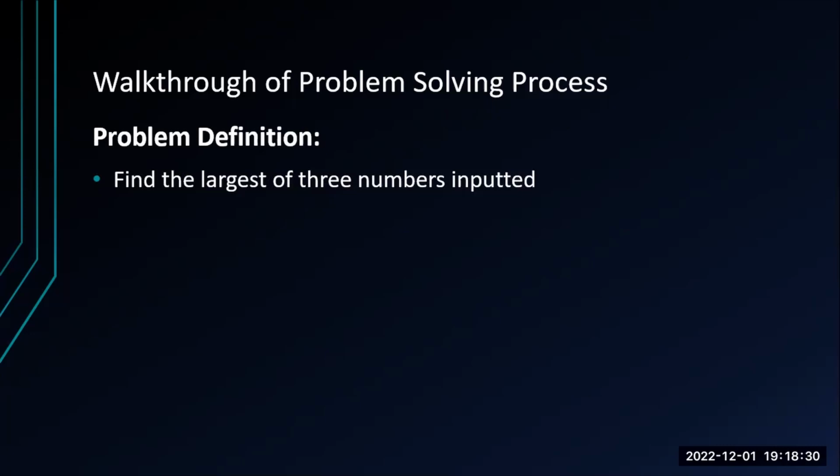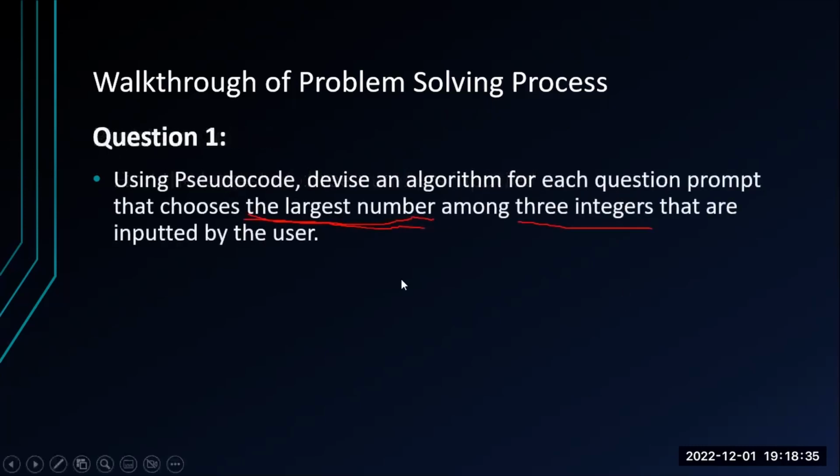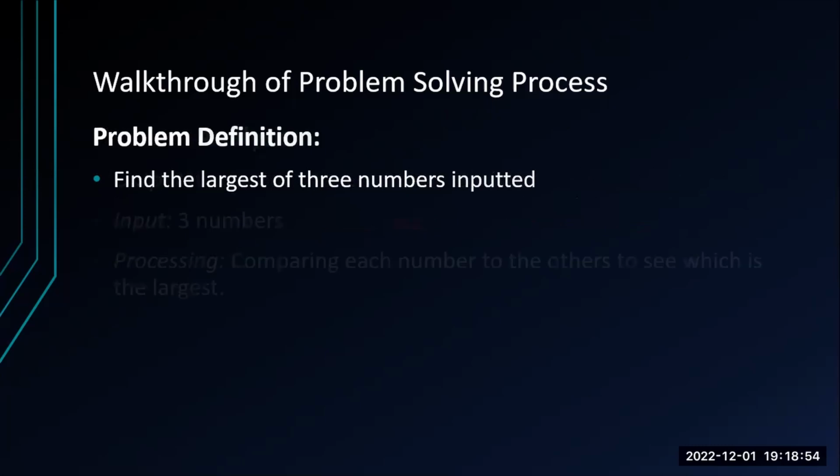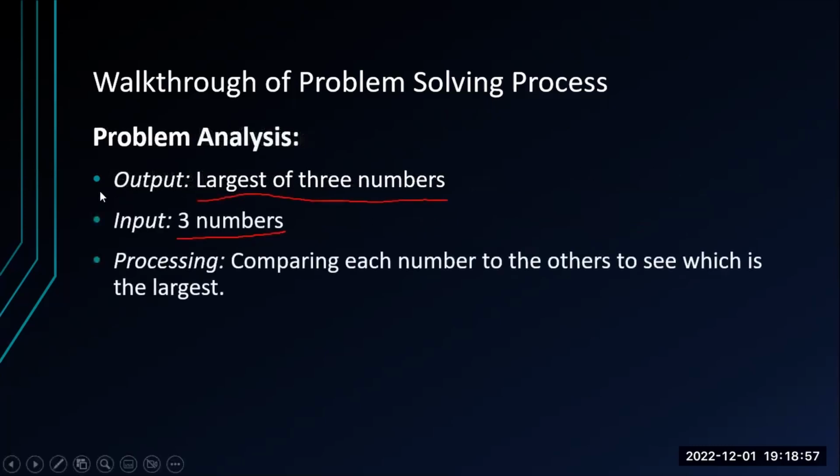So going back to the original question, it says devise an algorithm that chooses the largest number among three integers that are inputted by the user. So here you can see that three integers are the inputs, while this would be your output. So as you can see here, the output will be the largest of the three numbers and the inputs will be the three numbers themselves.